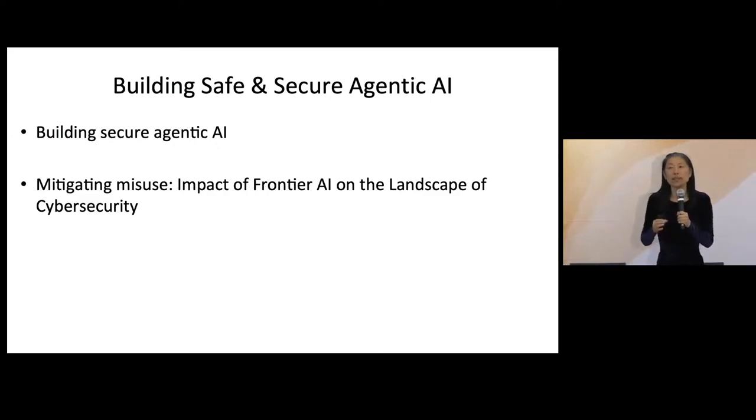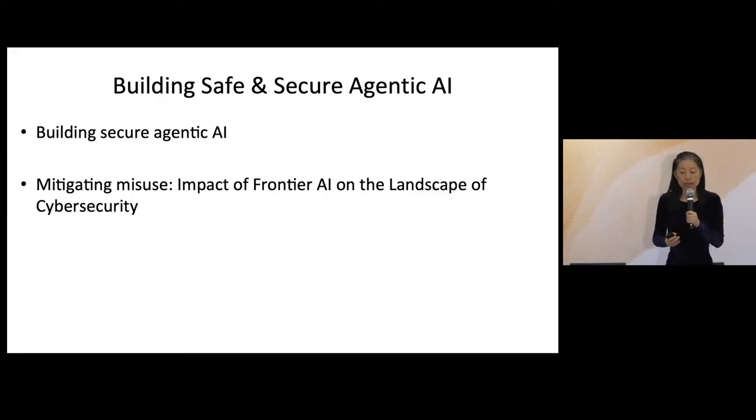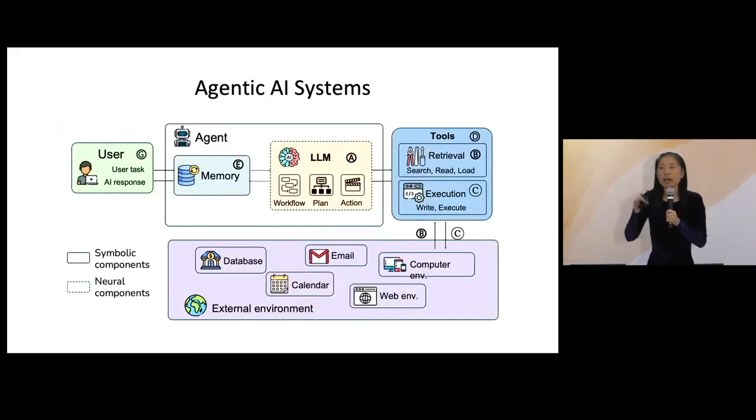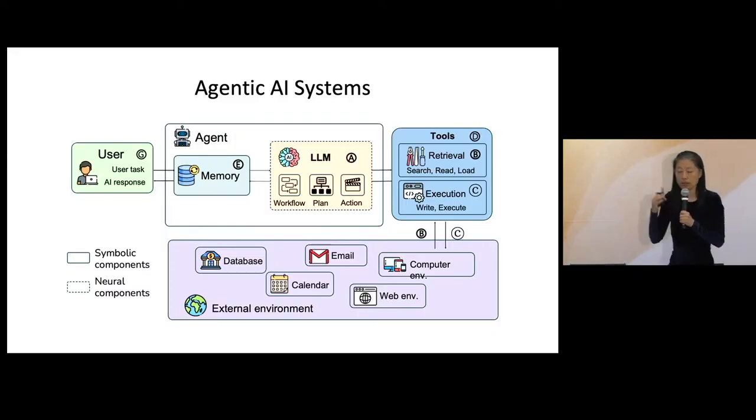And in particular, here I will focus on one particular domain, which is cybersecurity. So I will talk about mitigating misuse of AI, in particular, the impact of frontier AI on the landscape of cybersecurity. So first, I will talk about how we can build a secure agentic AI and protect agentic AI from different types of attacks.